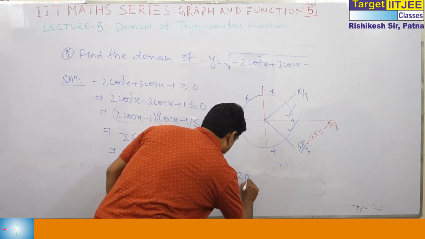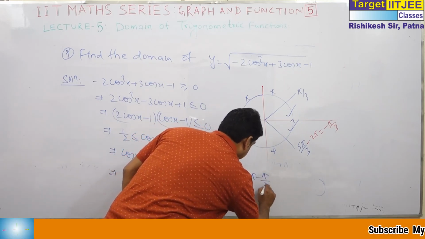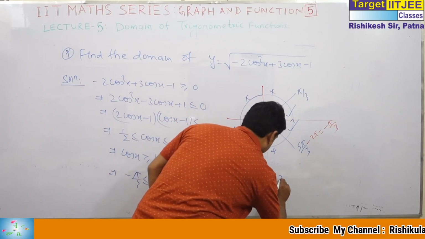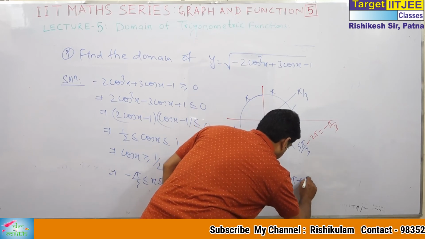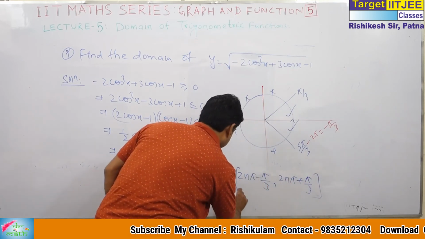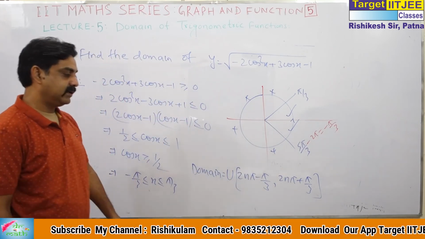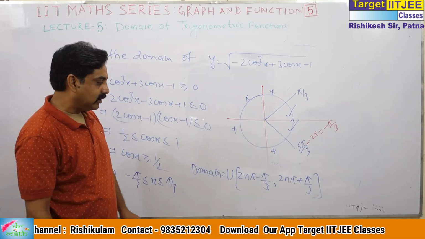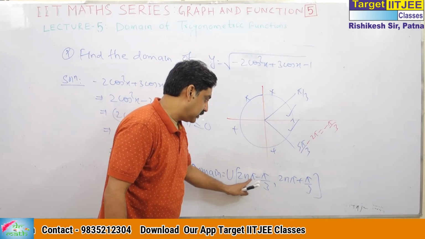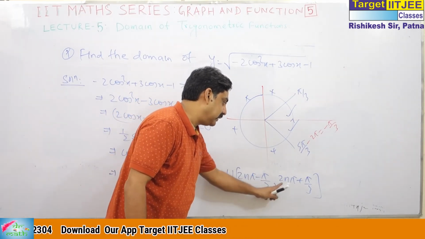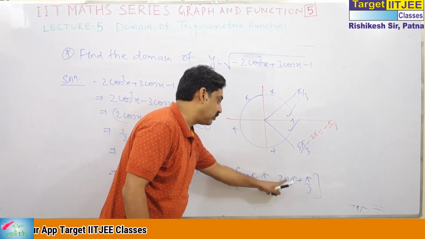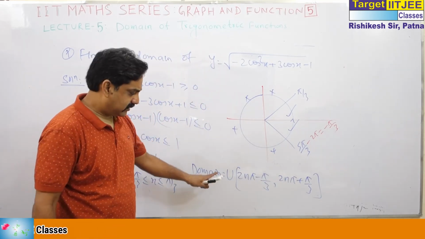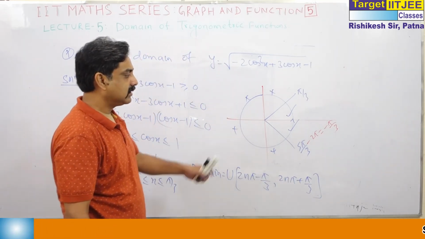Actually, we have to write the general solution for the domain, and normally we write a union here. This union means: take n is equal to 0, write minus pi by 3 to pi by 3, union n is equal to 1, and so on. It is customary to write the union. This is the way.